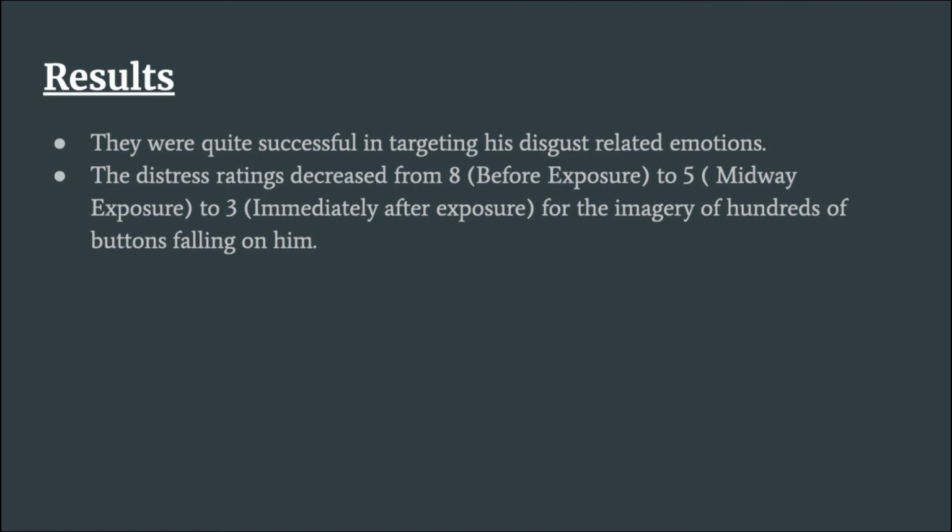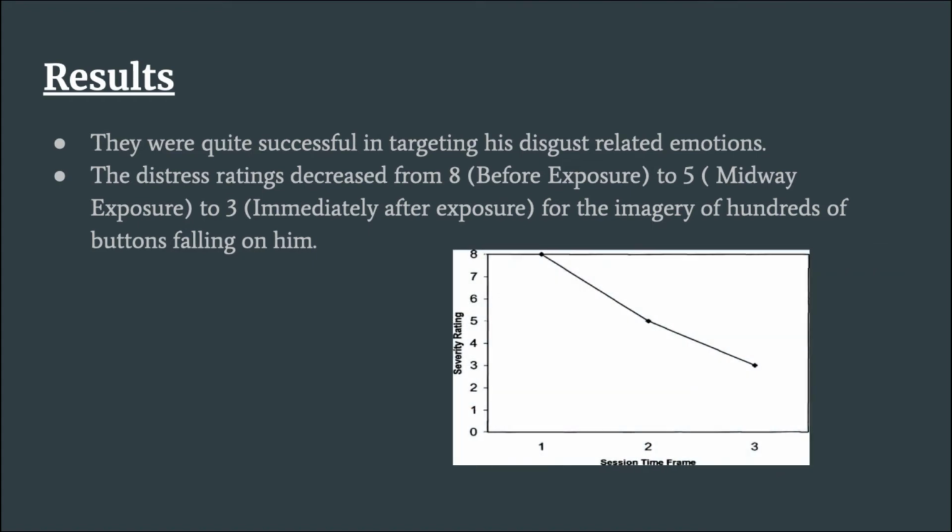For stimuli like imagining hundreds of buttons falling on him, his distress rating, which was at 8 at session 1, came down to 5 midway, and then reduced from 5 to 3 at session 3.